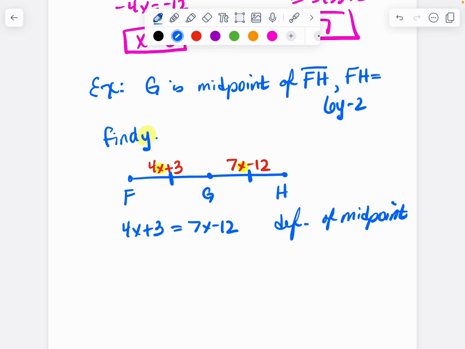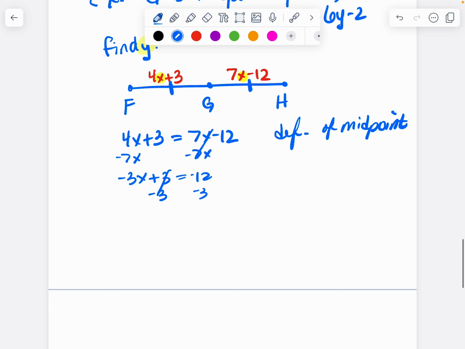So now I can solve that equation. Minus 7x, minus 7x: negative 3x plus 3 equals negative 12. Minus 3, minus 3: negative 3x equals negative 15. Divide, x is 5.